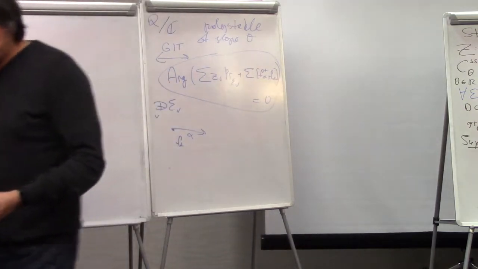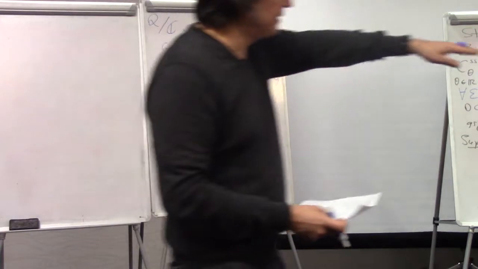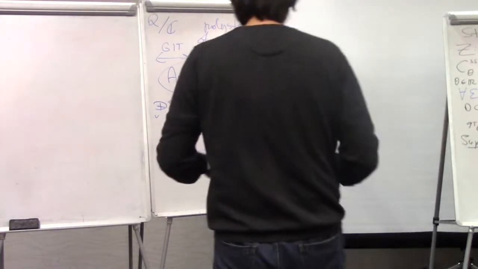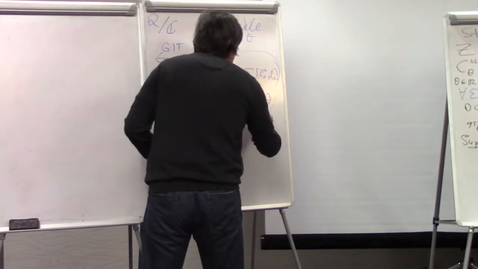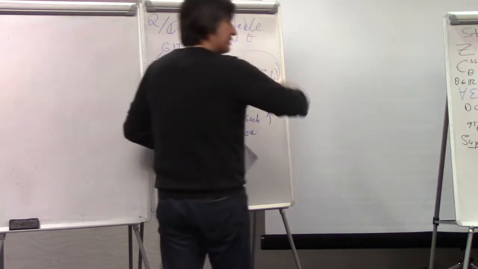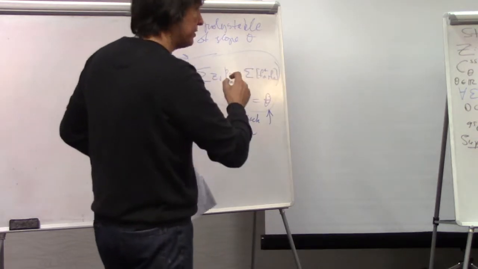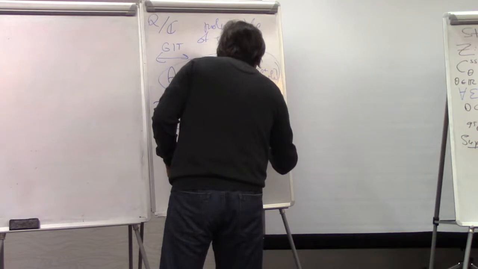So on such a thing, my flow of norms should have speed exactly theta. On such norms, the flow should be a rescaling according to this picture. So h should be equal to exponent minus theta t times some h0.